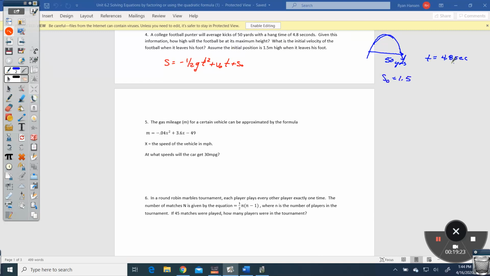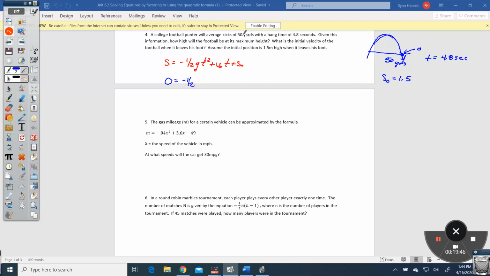The time is 4.8. We know what the gravity is, but we don't know the initial velocity. What I do know is the height at the end. When it comes back down over here, the height is 0. So I can plug 0 in for that.